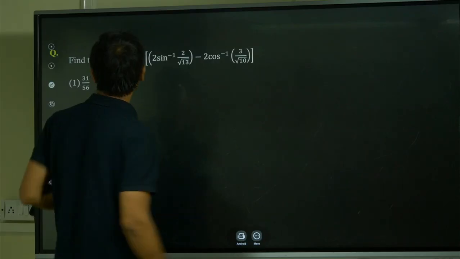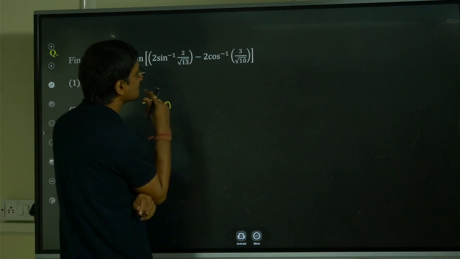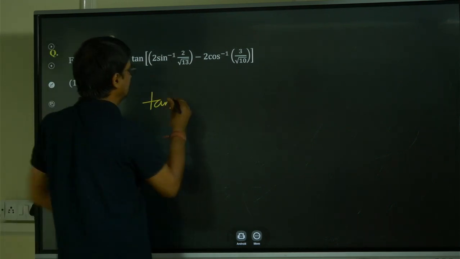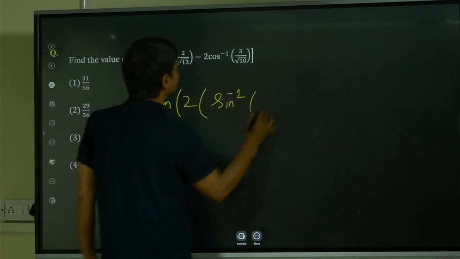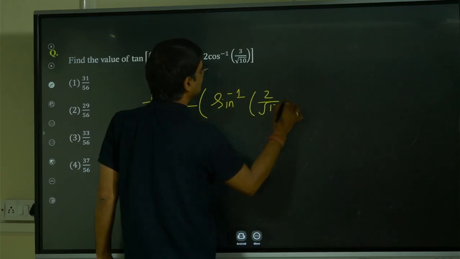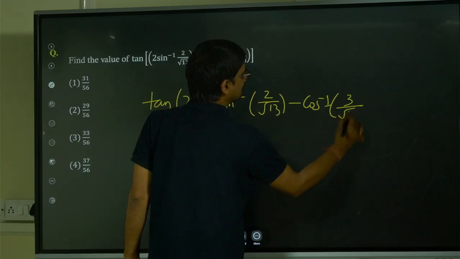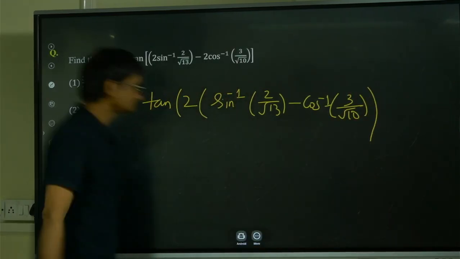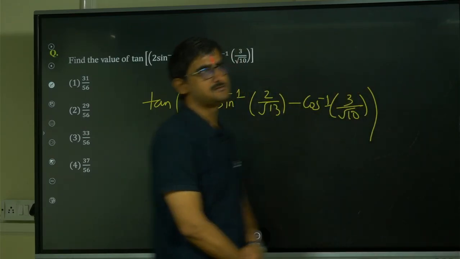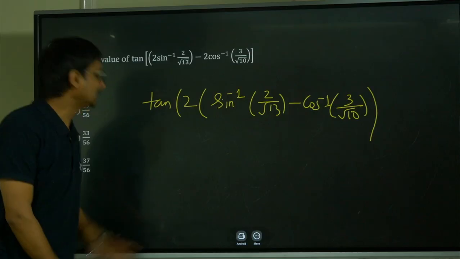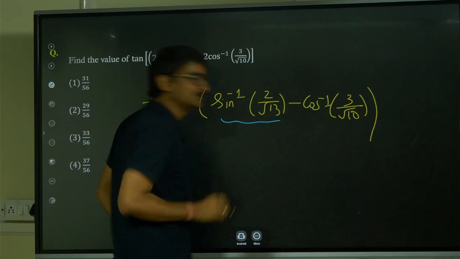Moving to the next question, the value of tan of 2 sine inverse 2 by root 13 minus cos inverse 3 by root 10. In that case I will suggest you to write both of them in terms of tan and simplify.